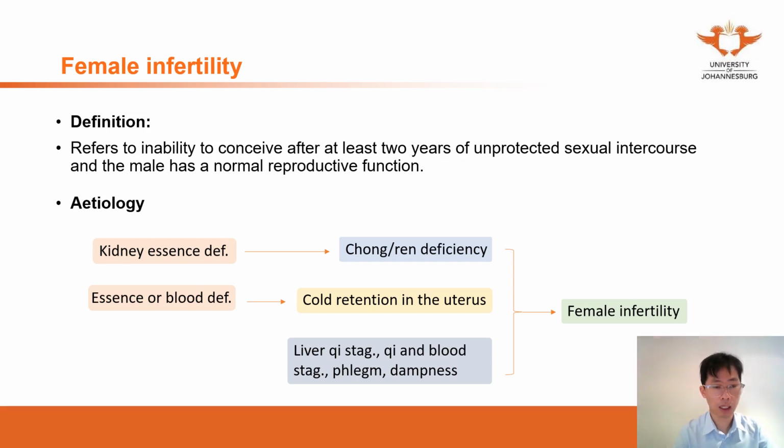For example, in the Tang Dynasty, about 1,500 years ago, one book had a separate chapter for female infertility, with titles such as infertility with no menstruation, infertility with menstruation blockage, infertility due to coldness in the uterus, and infertility due to career issues.